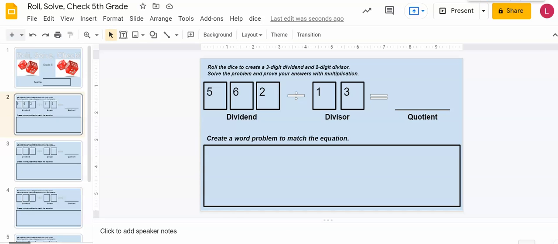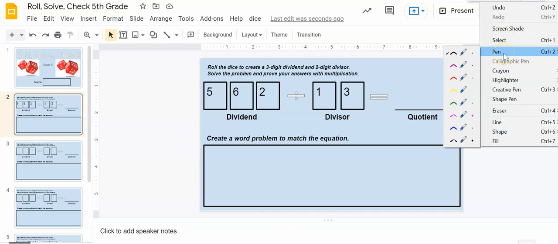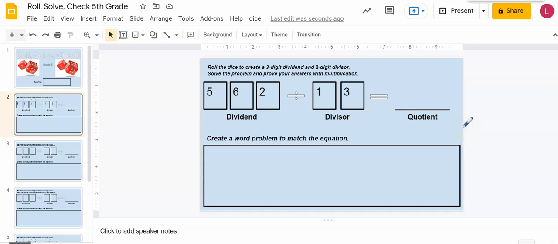Now I'm going to get my pen out and do some work over here on the side. I'm going to do partial quotients. So I'm going to have 562 and divide that by 13.